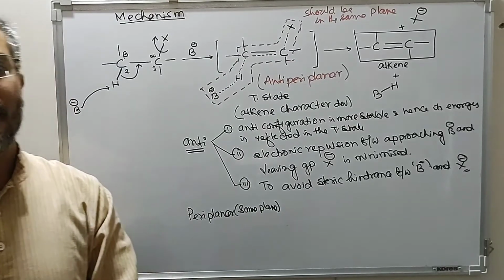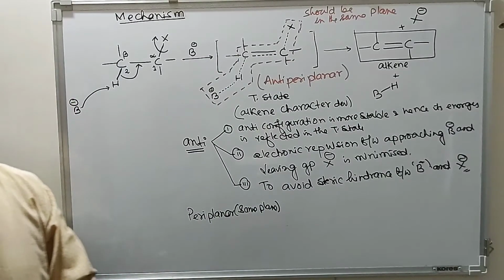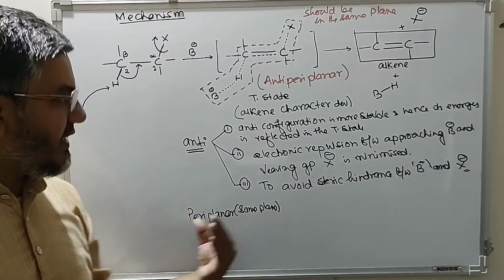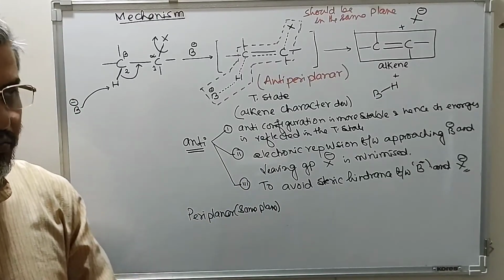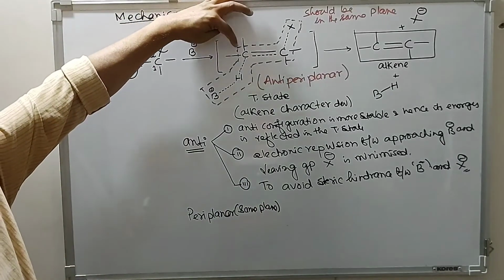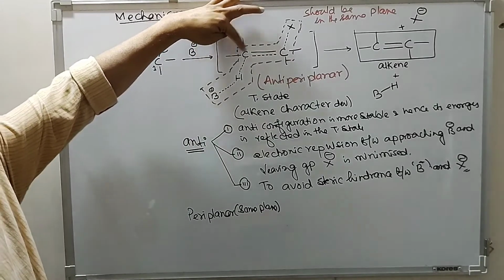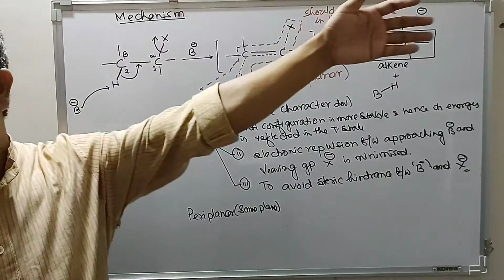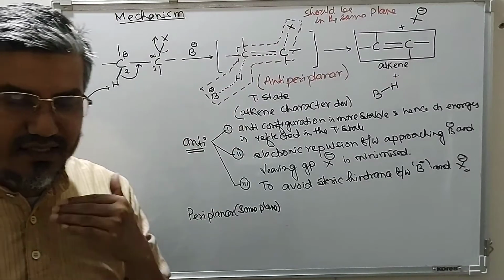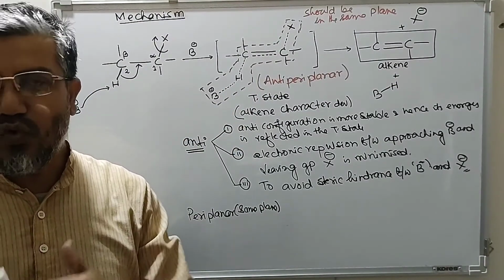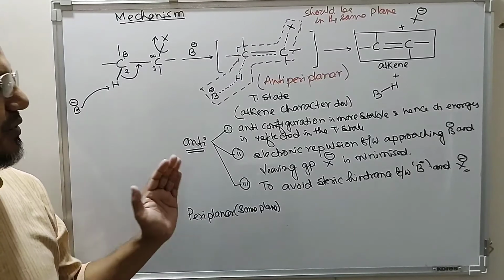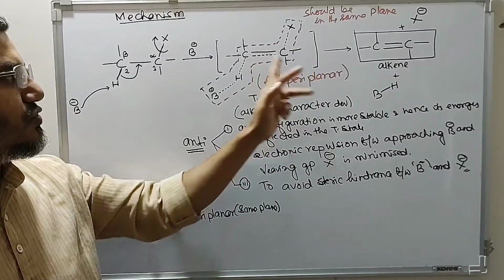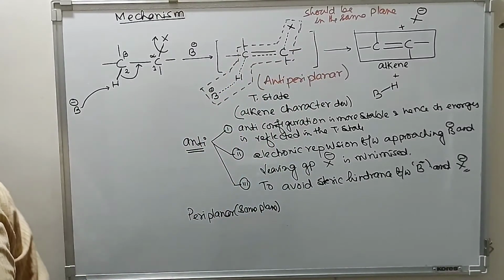If the developing p orbitals are not parallel to each other, then pi bond formation does not take place. So the periplanarity is a requirement because the developing p orbitals in beta carbon and the alpha carbon, as beta hydrogen and halogen bond breaks, should be in the same plane, resulting in more effective or stronger pp overlap. So for this the requirement is planarity.